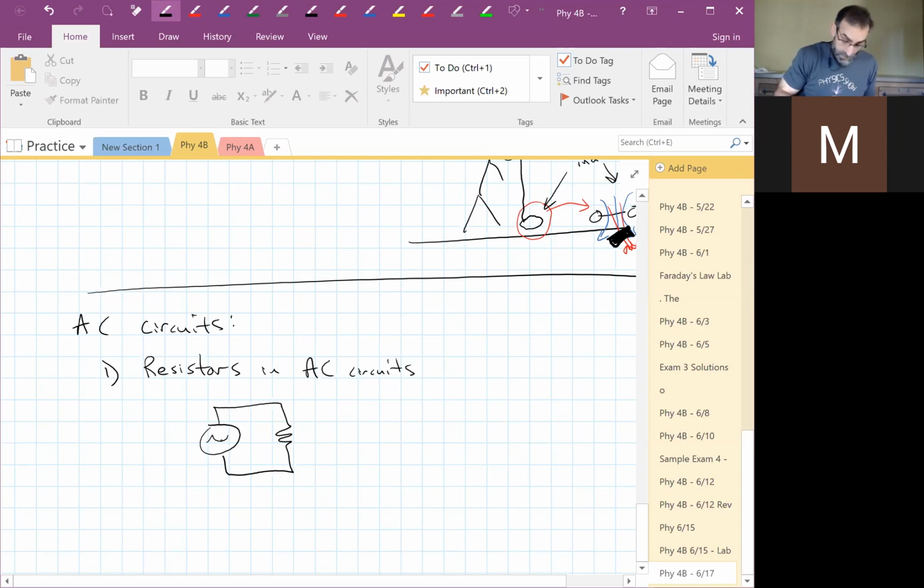Now our power supply is putting out a sine wave, okay? That's what an AC circuit is. It's putting out some kind of oscillating signal, like a sine wave.